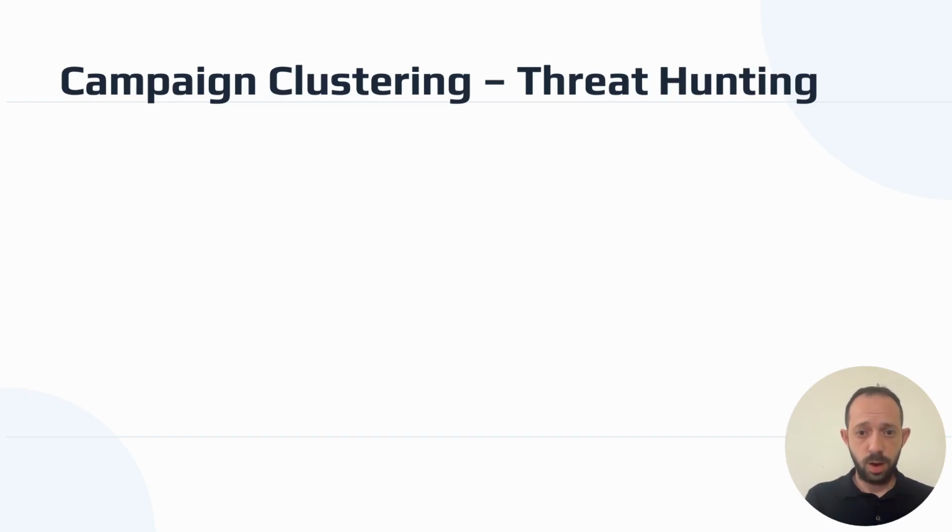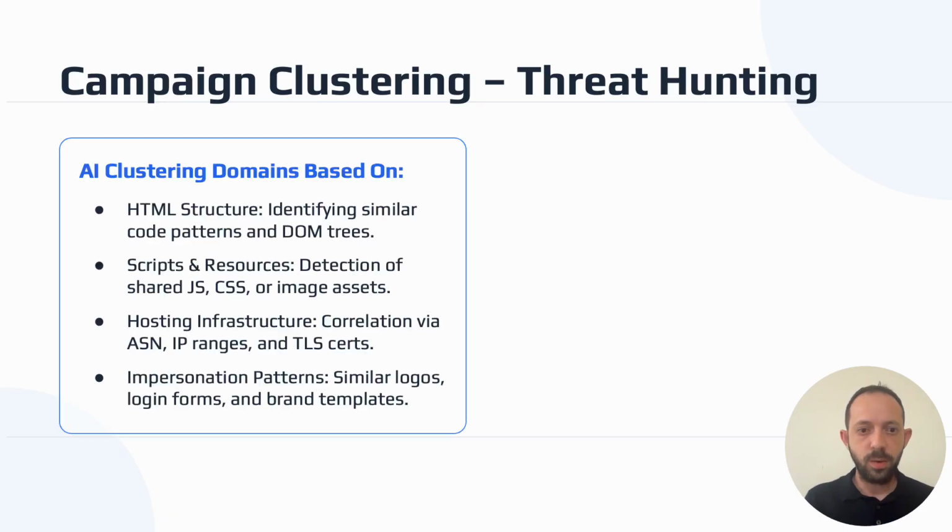All right, so let's move on to a more advanced threat hunting approach. Now we have investigated single domains, but AI can assist us in analyzing not just one single domain, but the whole campaign.